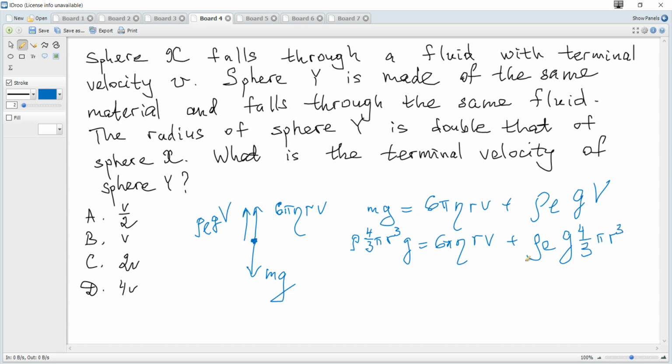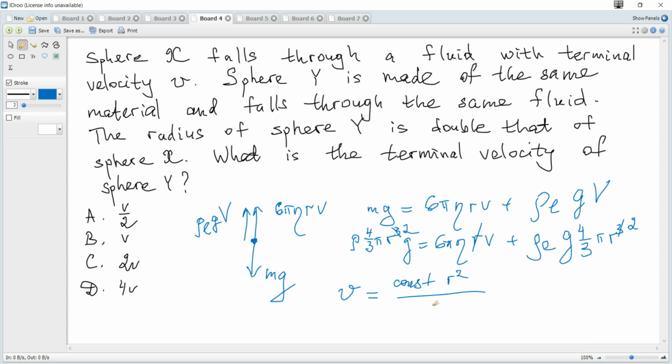And you can see we can divide each term by r to get r squared here and r squared here. And if we solve for v, the required terminal velocity, you can see that it becomes some constant multiplied by r squared minus another constant multiplied by r squared. R squared can be factored out, and it becomes some constant multiplied by r squared and divided by another constant.